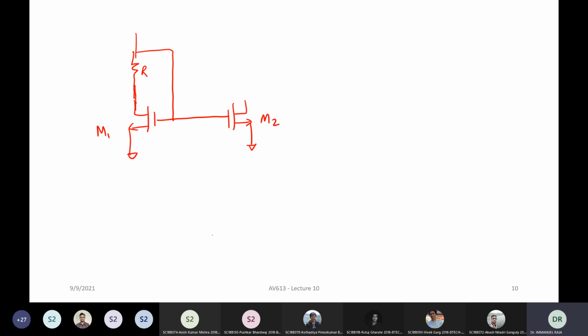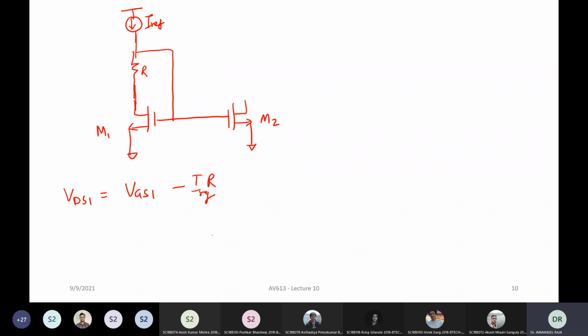How can I write my VDS1? VGS minus IREF R. Exactly, right? So now what has happened is that, let's say this is your I ref here. So VGS1 is the same, but VDS1 can be written as VGS1 minus IREF times R.